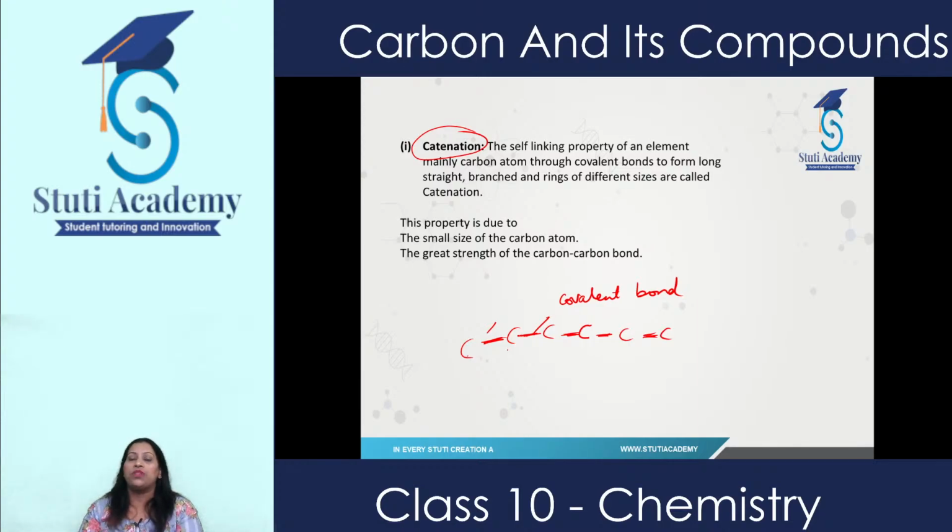If the question is to define catenation, you need to write: the self-linking property of an element, mainly the carbon atom, through covalent bonds to form long straight chains, branched chains and rings of different sizes is called catenation. And why does catenation occur? The reason is the small size of the carbon atom and the great strength of the carbon-carbon bond.